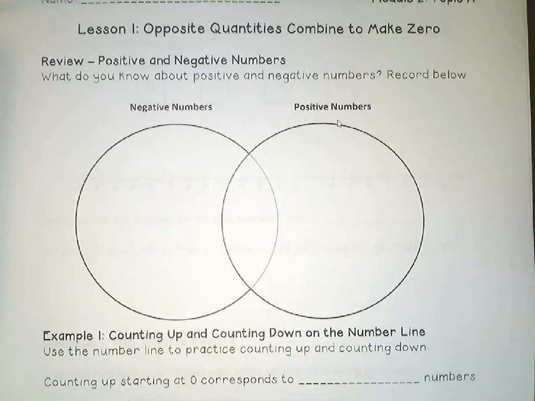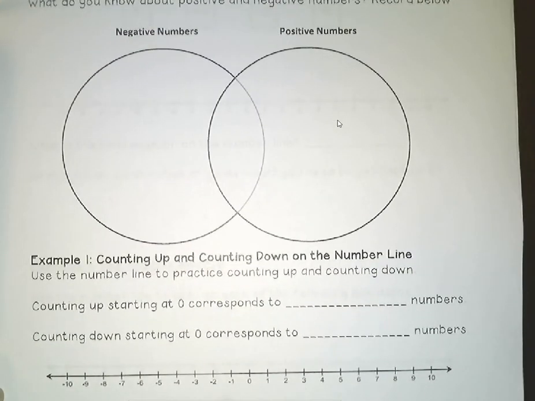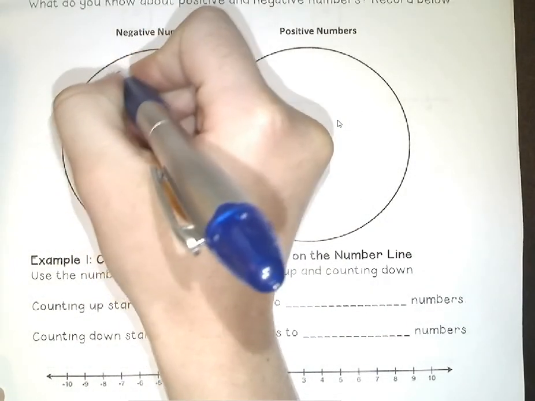Let's talk about negative numbers first. What do we know about negative numbers? Well, first, if we look at the number line, the negative numbers will be to the left of 0. So we can write down left of 0.